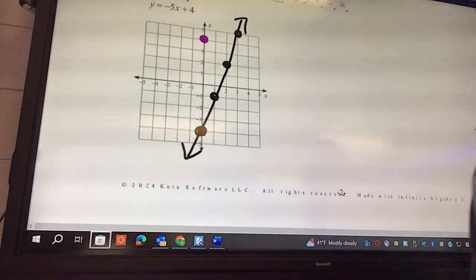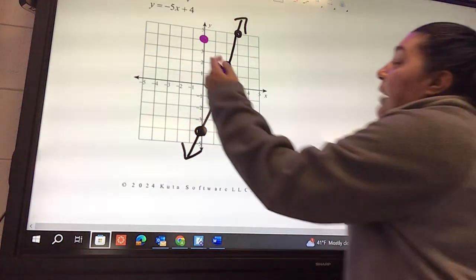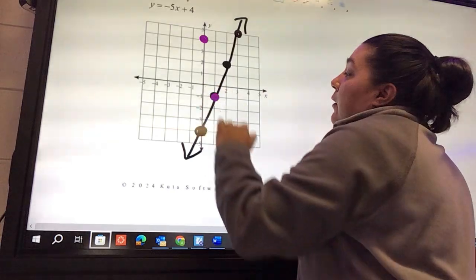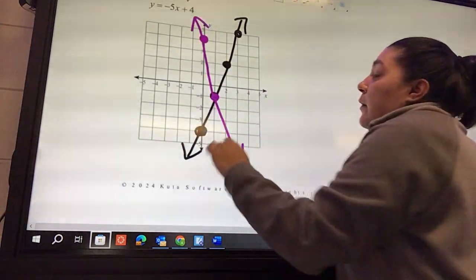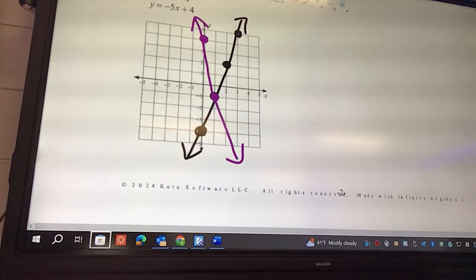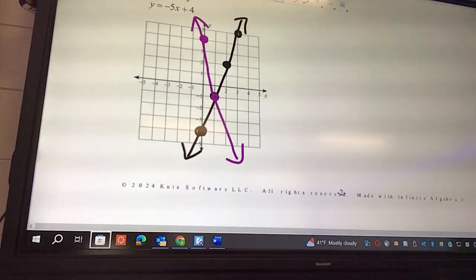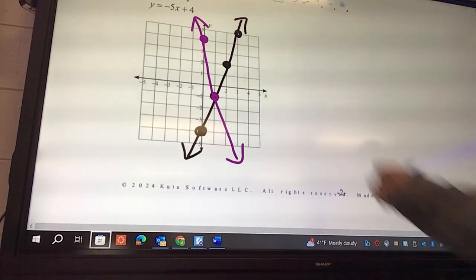And it's 5/1. So we're gonna go down 5 because I cannot go up 5. 1, 2, 3, 4, 5 over 1. And so that point is 1, -1.